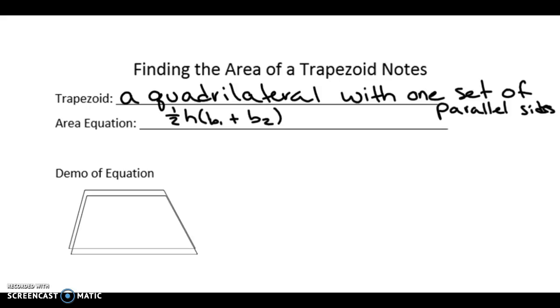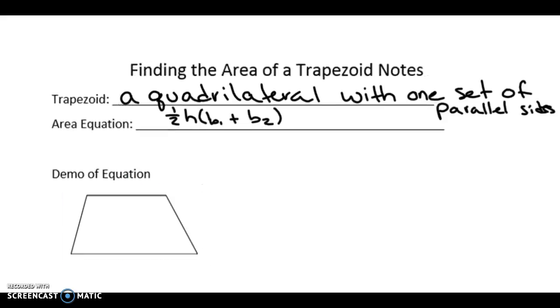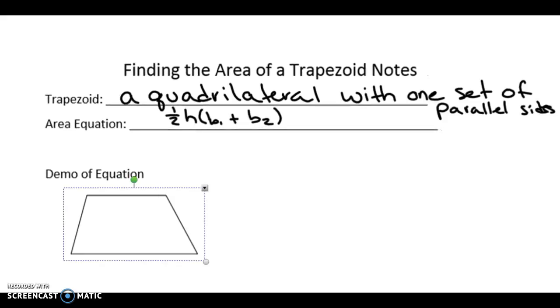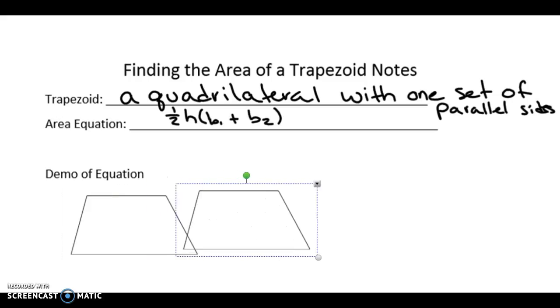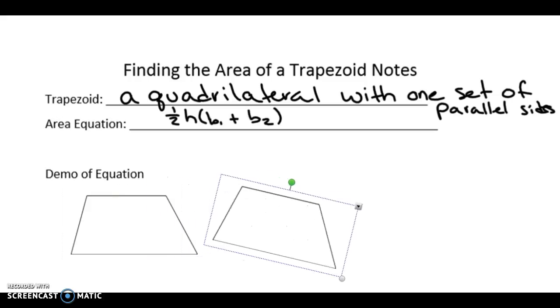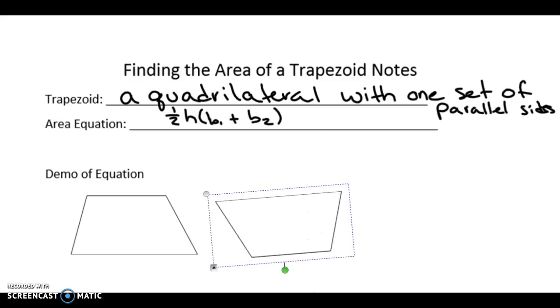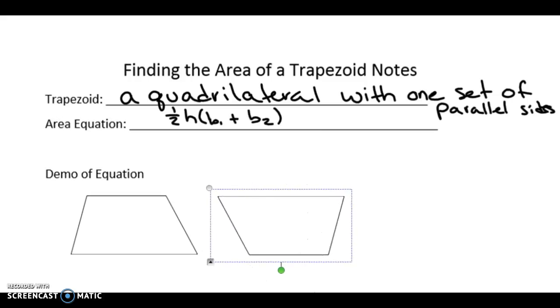Okay? I'm going to demonstrate why that equation is what it is. So I have a trapezoid here. And what I'm going to do is duplicate that trapezoid. And I'm going to flip it. So on the original trapezoid, this is base 1, and on the bottom is base 2.